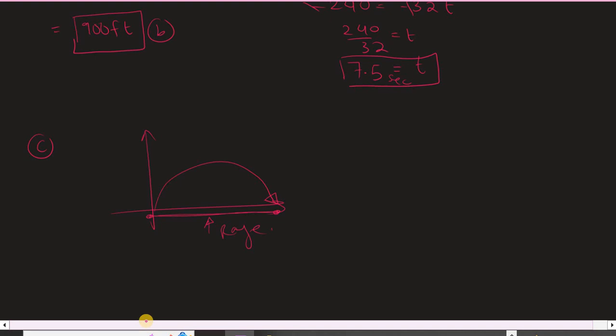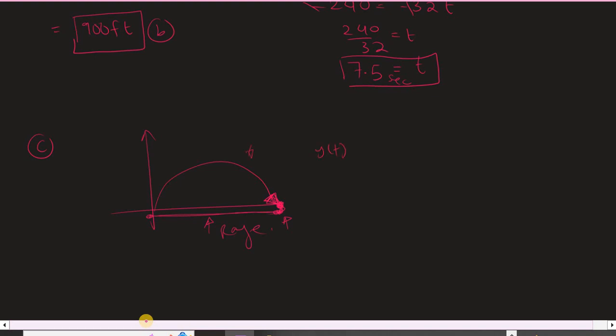Okay, so how can we calculate this? We know that the object hit the ground here, right? We have to find the x displacement when the object hit the ground. So we know the equation of y of t, right?